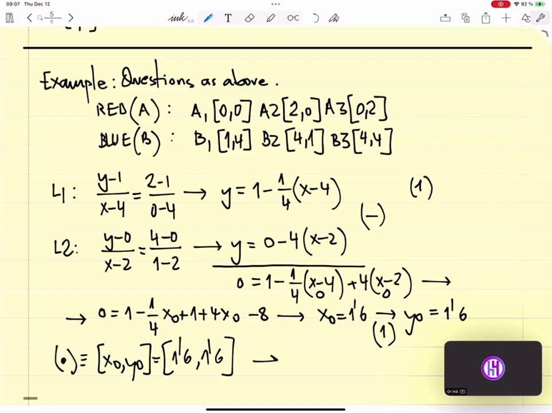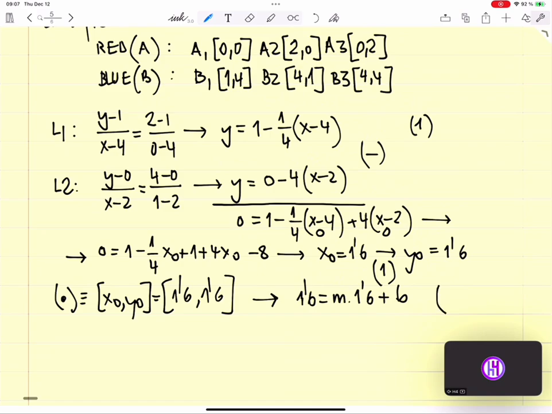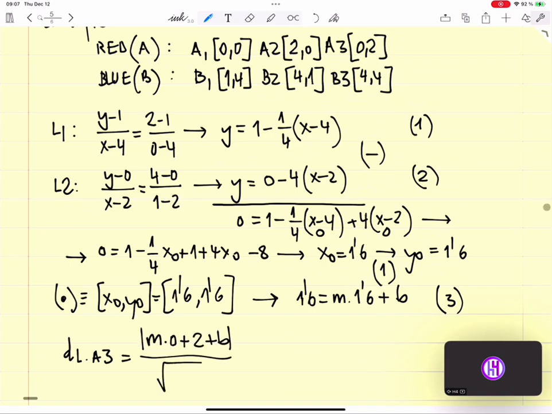As a result, our equation looks like this: 1.6 equal m times 1.6 plus b. This is our third equation. The distance between A3 and the line that we're looking for is m times 0 plus 2 plus b divided by square root of m squared plus 1.